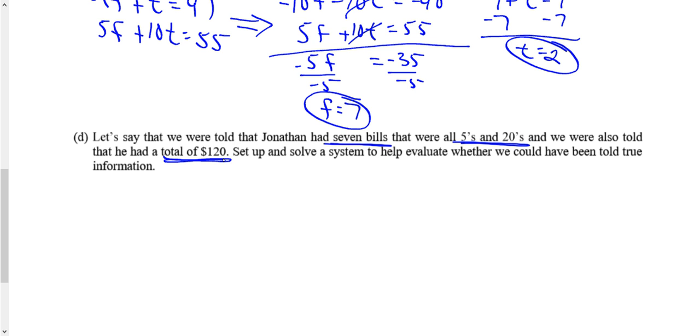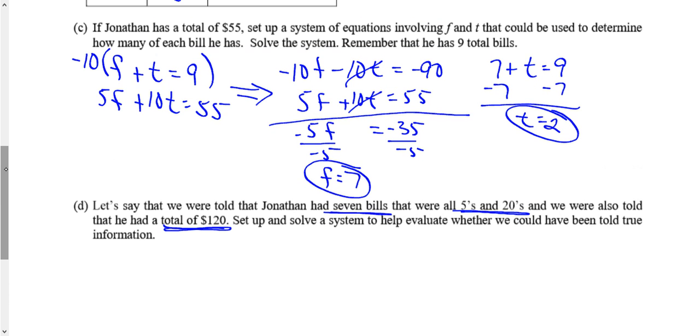So they want you to set up and solve a system and figure out how many 5s and 20s he has. Do this all on your own, just like the one we just did. You're going to write an equation for the total of bills, and then an equation for the total money he has. Everyone take a minute on your own quietly and write that system.